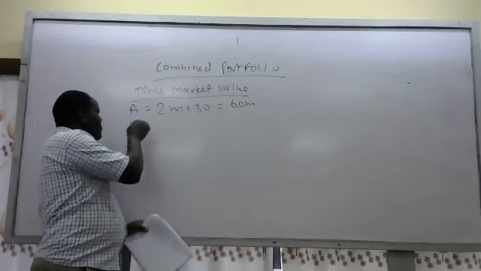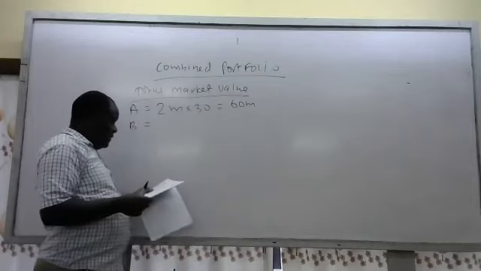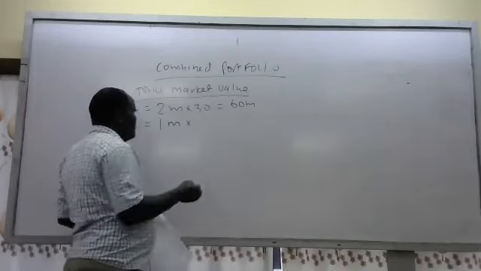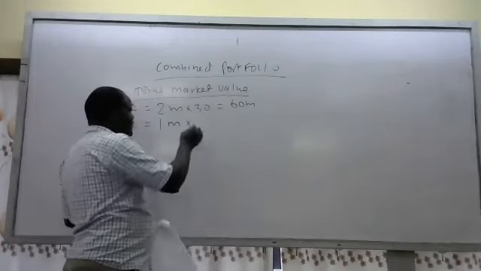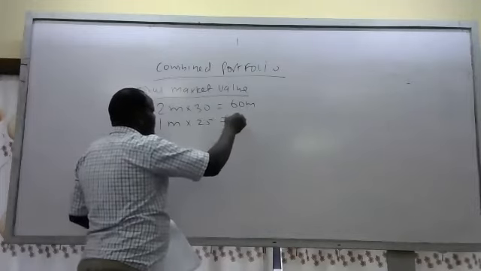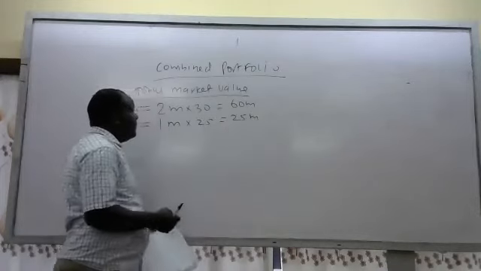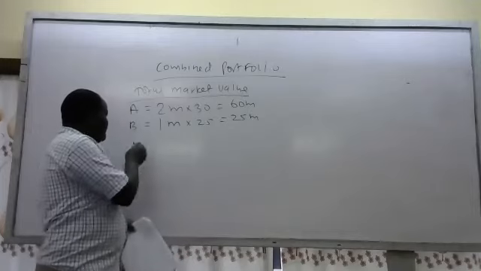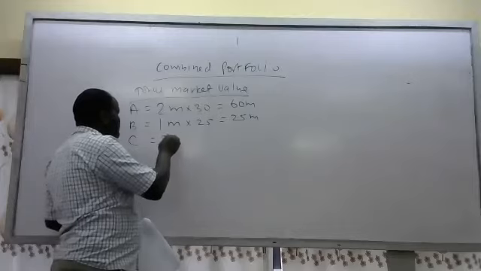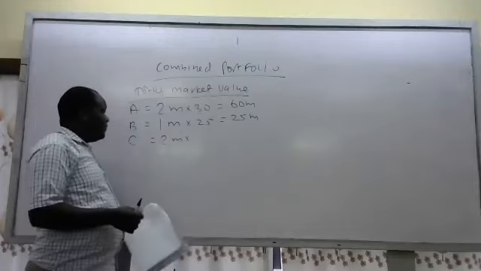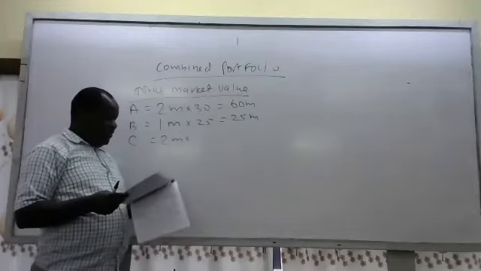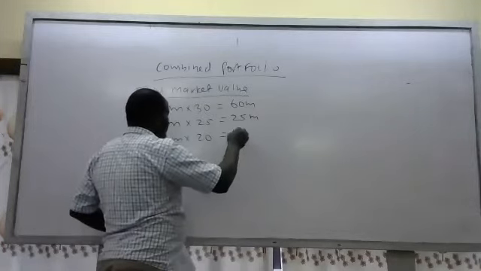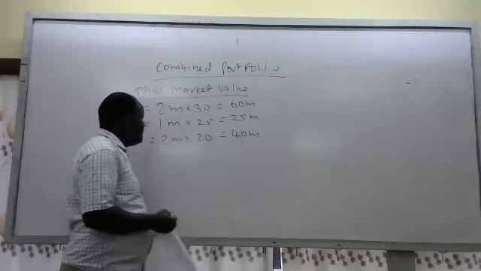Then we go to B: there is 1 million shares. We multiply by 25, so it will remain 25 million. We go to C, which is 2 million shares. We multiply by 20, which will be 40 million.